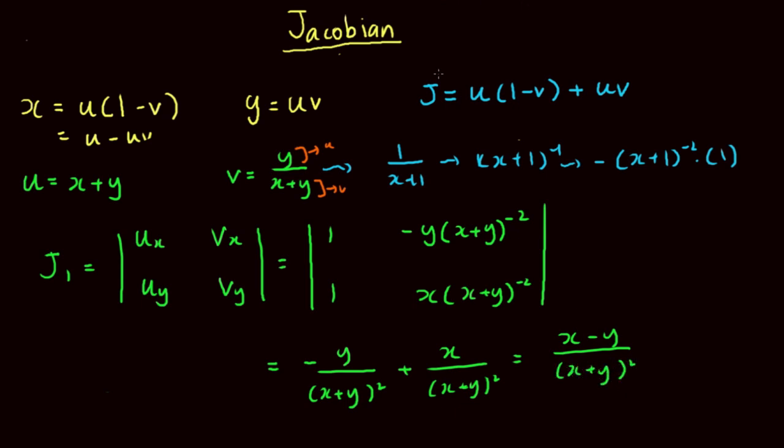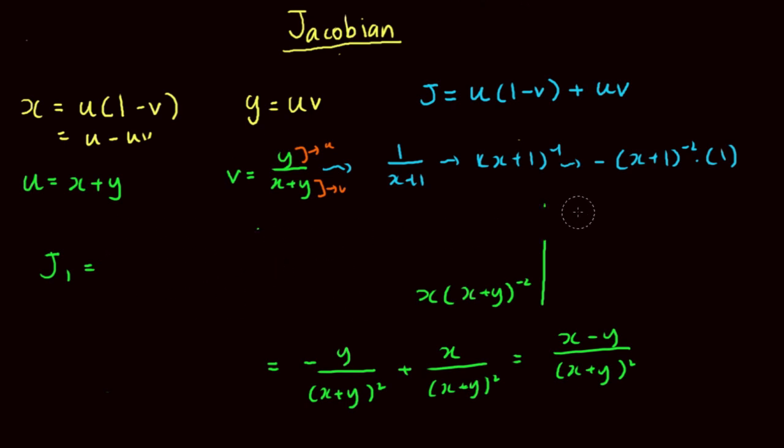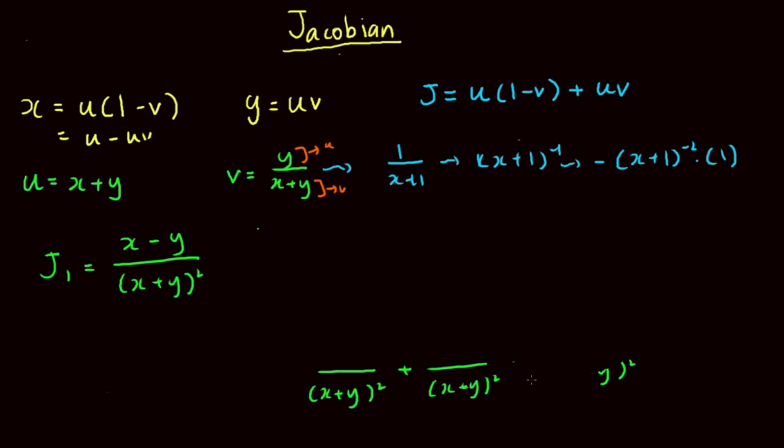If I erase all of this, what we'll end up having is x minus y over (x plus y) squared, and I can express it in terms of u and v, which would be something like this.